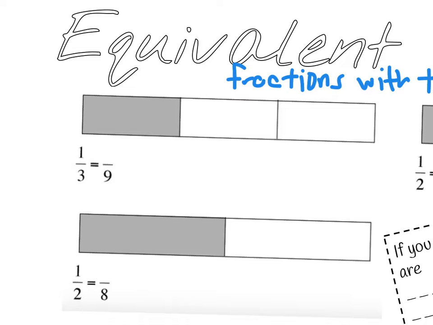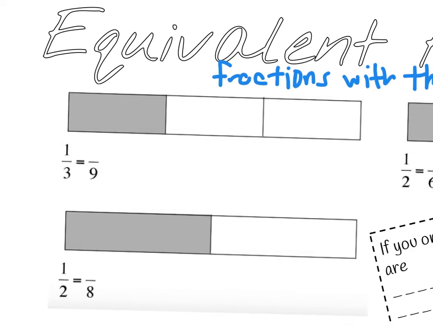Because what sometimes happens is I will see students do things like this. All right, and then they look and they're like, oh, well, I have 4 pieces here, 4 pieces here, so that actually be 8.